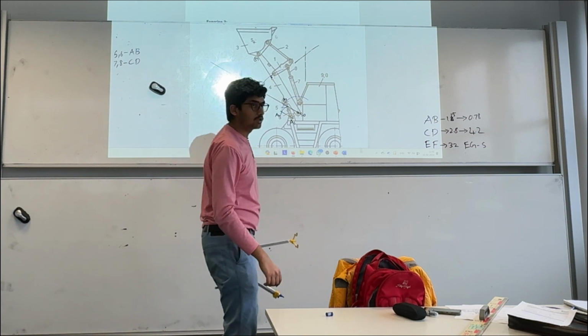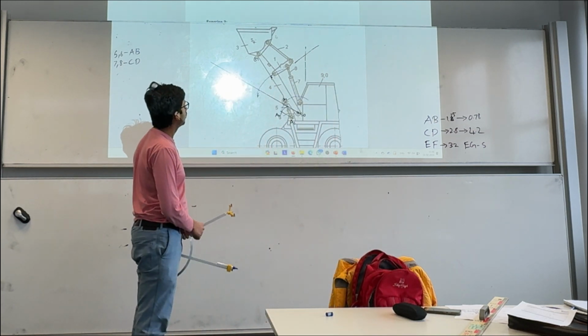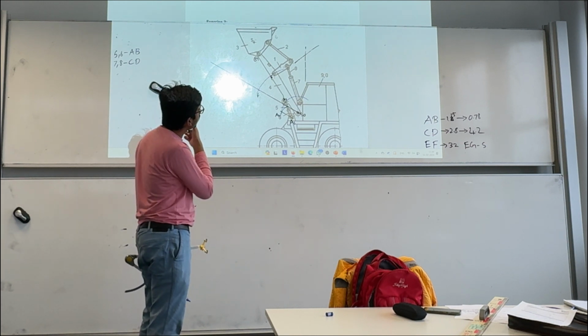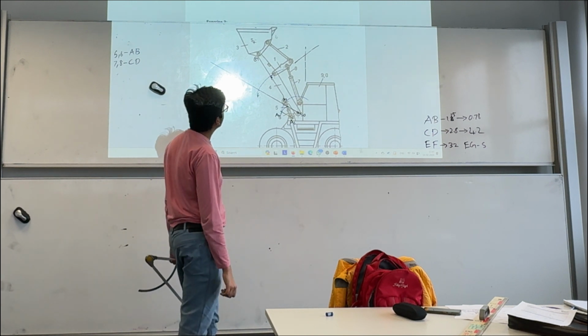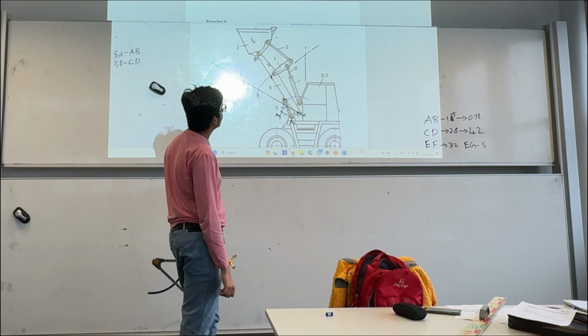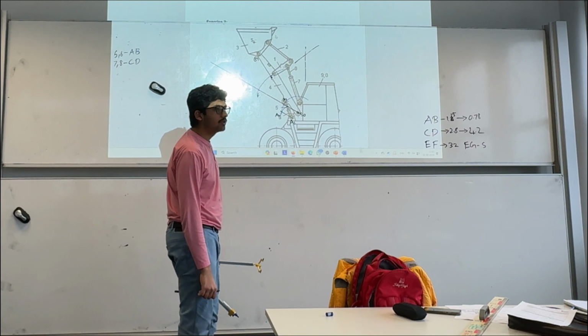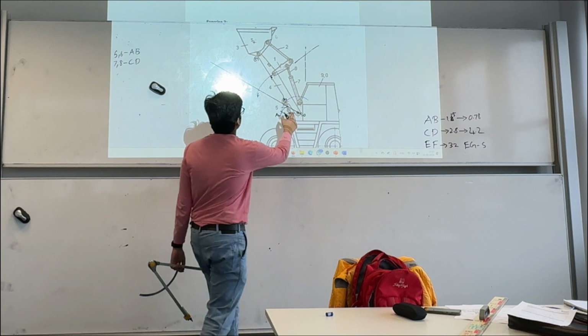Line to rotate. Is it just parallel to A2, A0? Yes, but it doesn't have to be. But then how do you... wait, Karthik, you drew the line wrong, because A0 should be on the beam. Why should A0 be on the beam? Oh, sorry, E2 A2 should be on the beam. Yeah, but there's this gap, right?